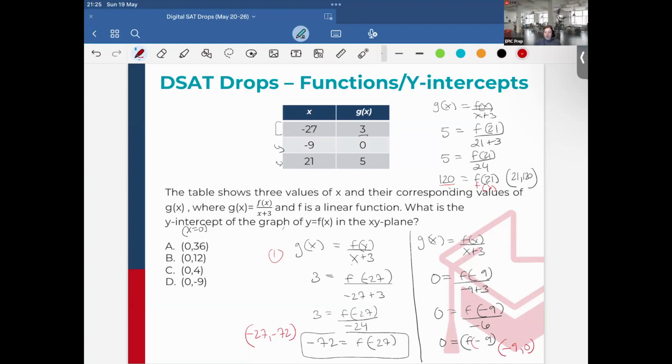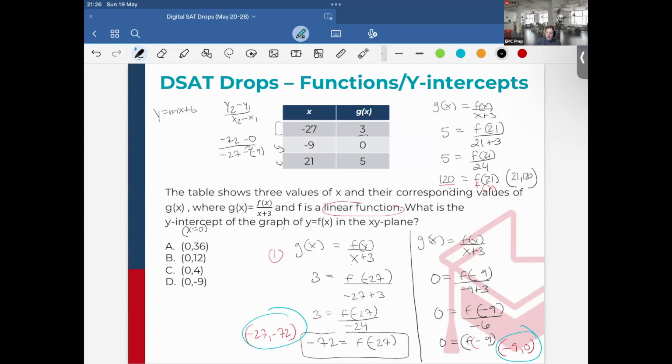My next step: I'm told that it's a linear function, so I can use y equals mx plus b. I want to find the slope, so I can do that by taking any two coordinates. I'll take the first two. Remember, it's y2 minus y1 over x2 minus x1. So I'm just going to do -72 minus 0 over -27 minus -9.